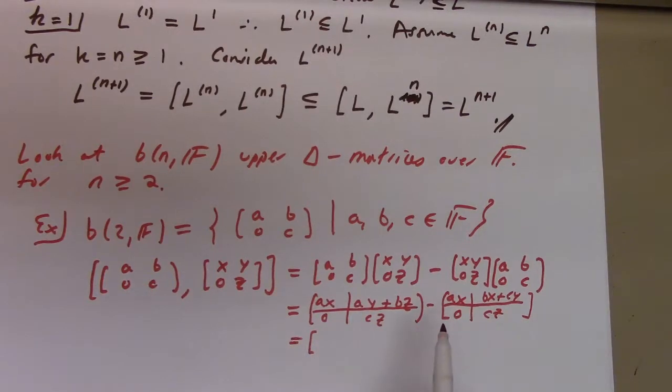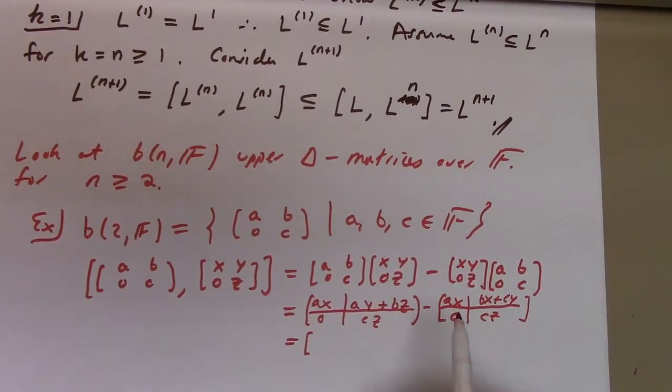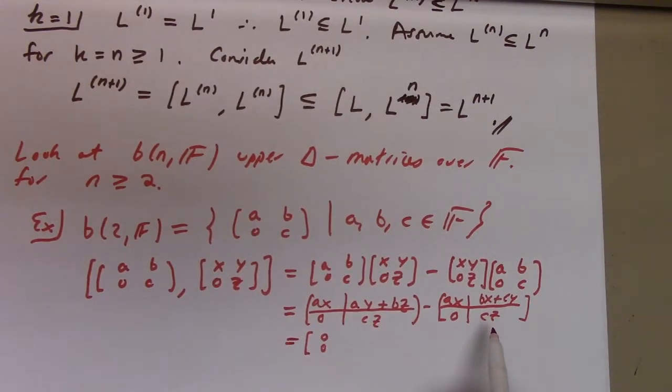The derived algebra is not just the algebra again. But it is a little bit different than the one we just worked out. CZ's cancel too. I'm just left with something of the form star, like this again.